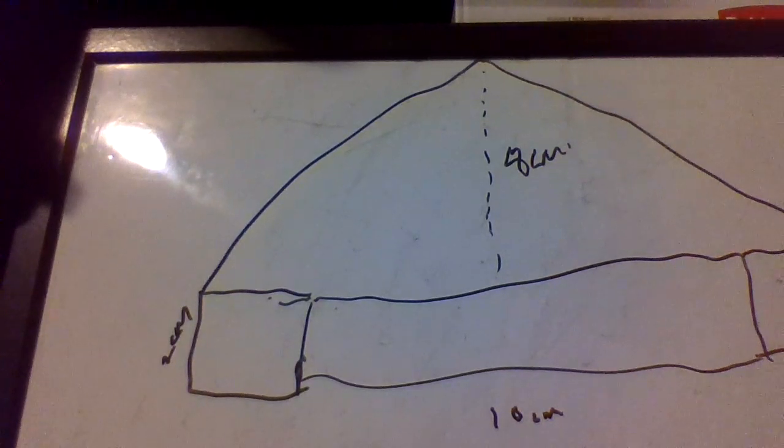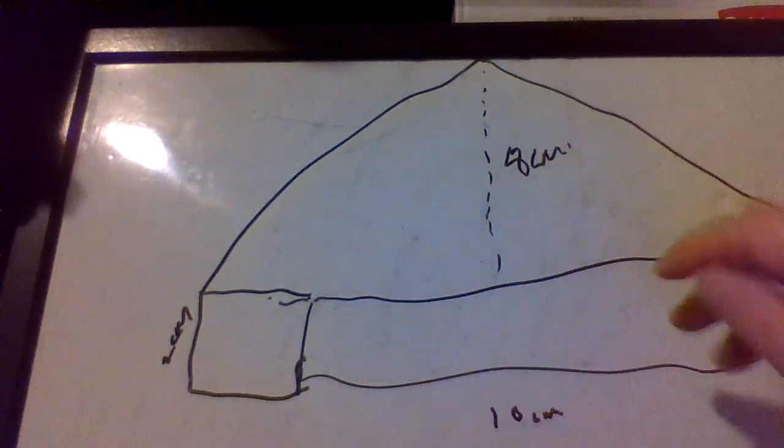Okay. Now, this is going to be crazy. So just follow me. Okay. So first thing we're going to do, we know that these are both squares. So if this side's 2 centimeters, this side's also 2 centimeters, which is going to come in handy in a minute. And they're equal.